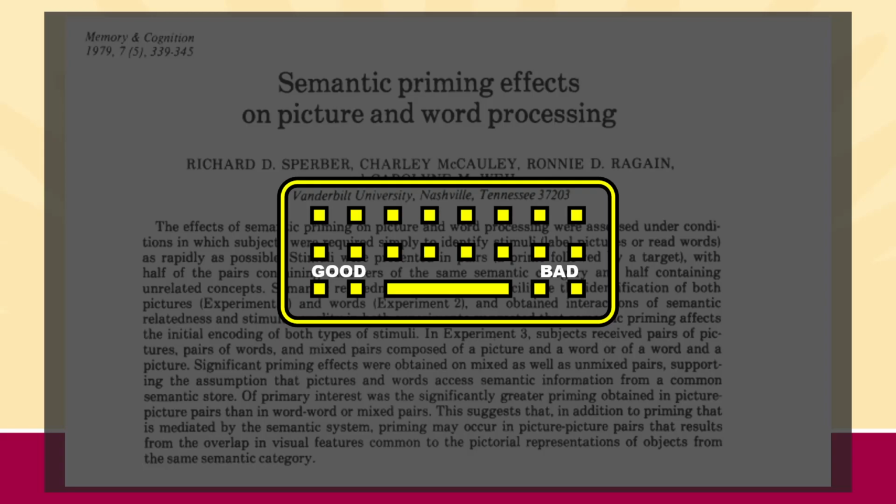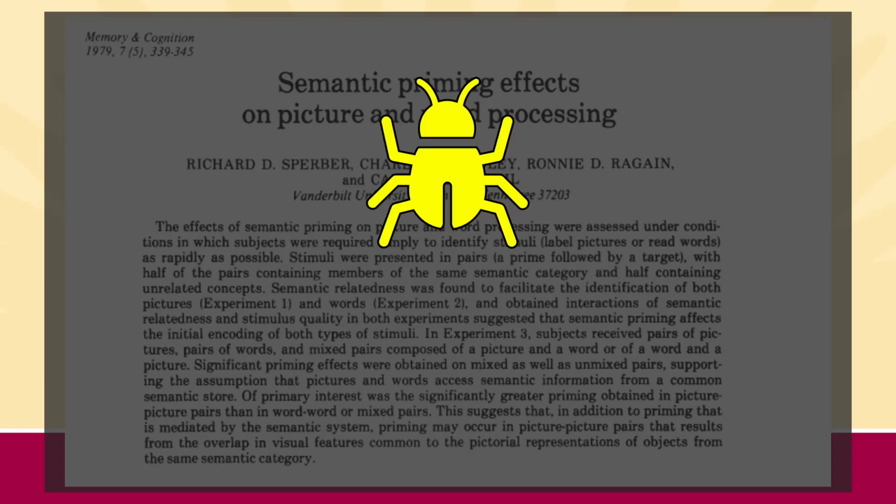Those are the only two things you can respond to with this keyboard, and then you're shown, before you ever see a word, a picture of a bug. Well, that's gross. And then you're shown the word disgusting.